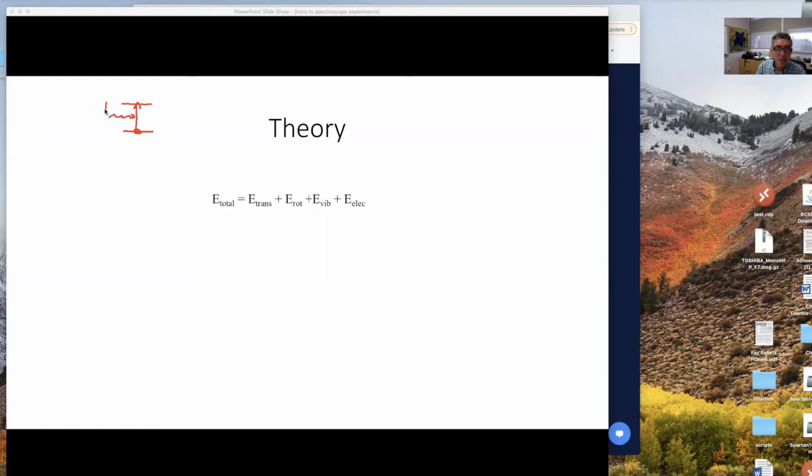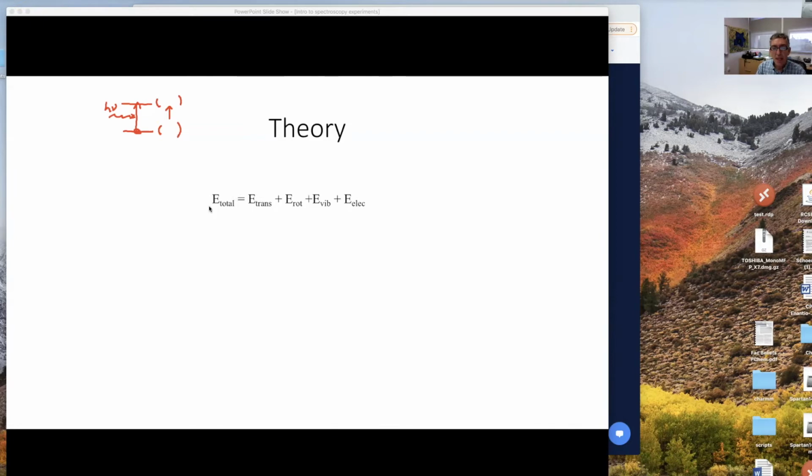And the light will have some frequency nu. That's, of course, what we measure directly. So this slide talks about the quantum numbers that characterize the lower level and the quantum numbers that characterize the upper level. And so I want to talk about those, what characterizes the energy levels.